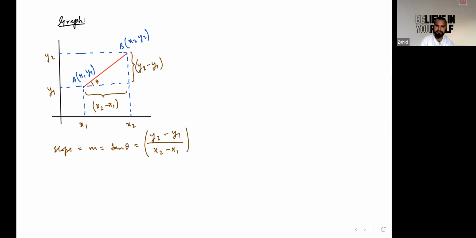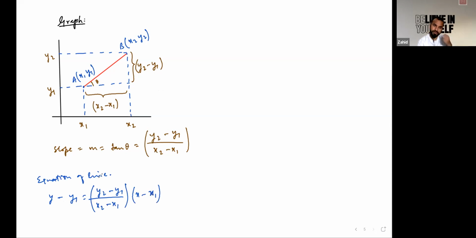Now, if you have two coordinates and you have to define the equation of a line on the basis of this, just remember, the equation of line is y minus y1 is equal to the slope, that is y2 minus y1 over x2 minus x1, whole multiplied by x minus x1.